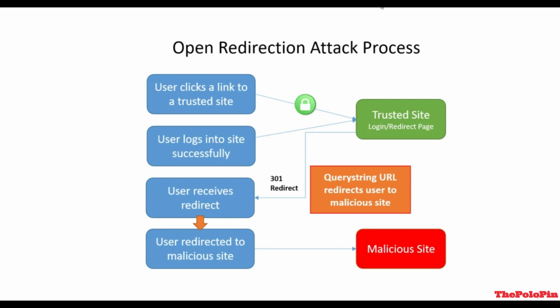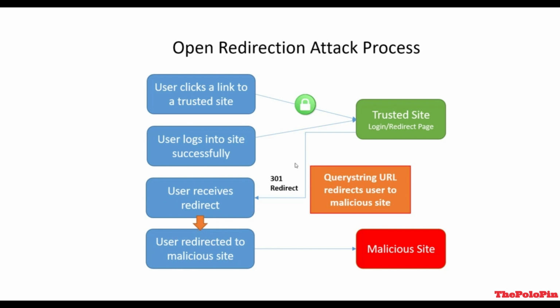You can see the open redirection attack process right here. This upper part is basically a successful login to the trusted site. The user clicks a link to a trusted site, there is SSL encryption going on here, it is the trusted site, and the user logs into the site successfully. But if there is a 301 redirection, then the user will receive the redirect and be redirected to the malicious site.